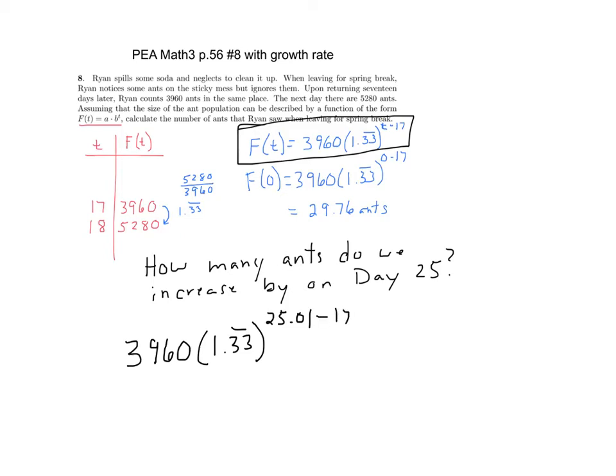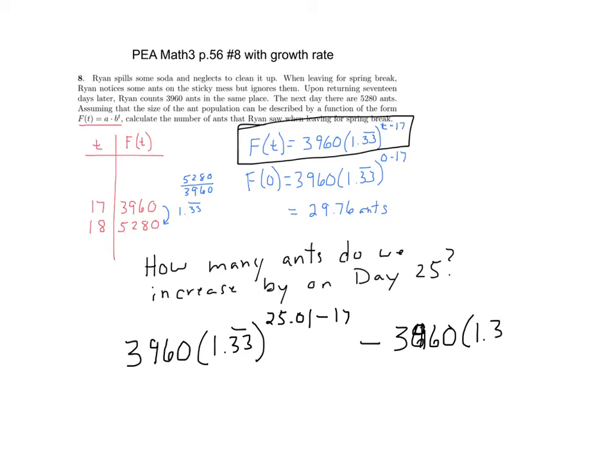If I plug in 25.01, I'm basically finding the slope of that line at day 25. Where did you put 0.01? Because I'm going to subtract now. Oh, the same thing. Oops. That should have been a 39. Sorry about that.